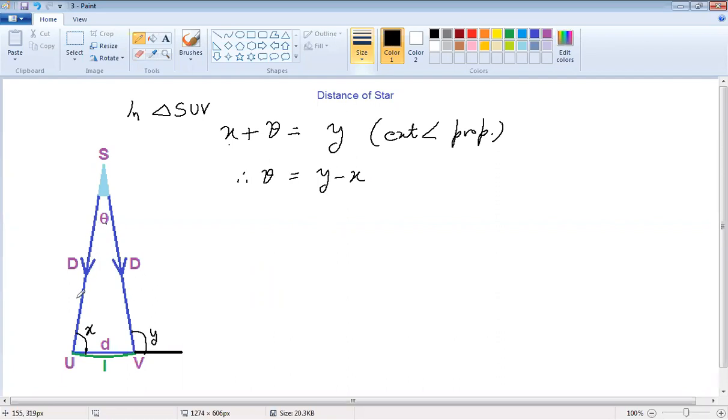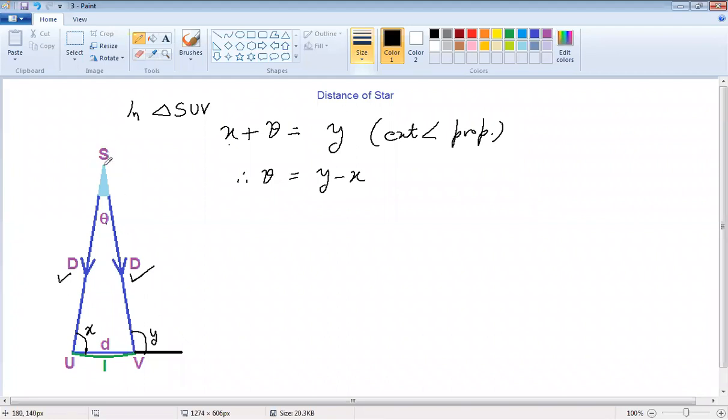Now, because the star is very far away, its distance from the two stations on Earth can be taken to be the same. So if the distance of the star from the station U is capital D, it is the same from the station V. So this is an isosceles triangle, you can say.